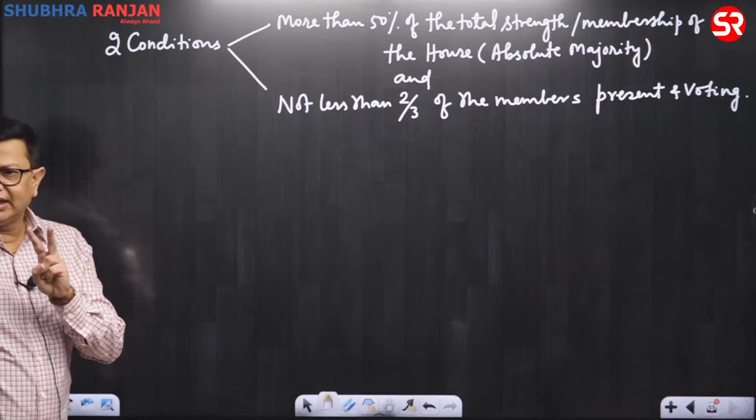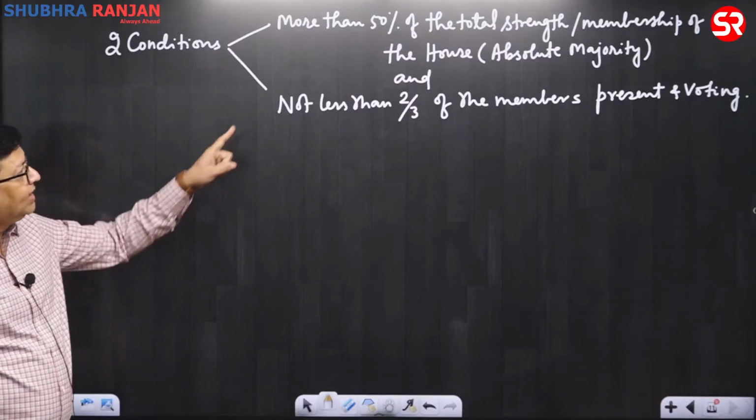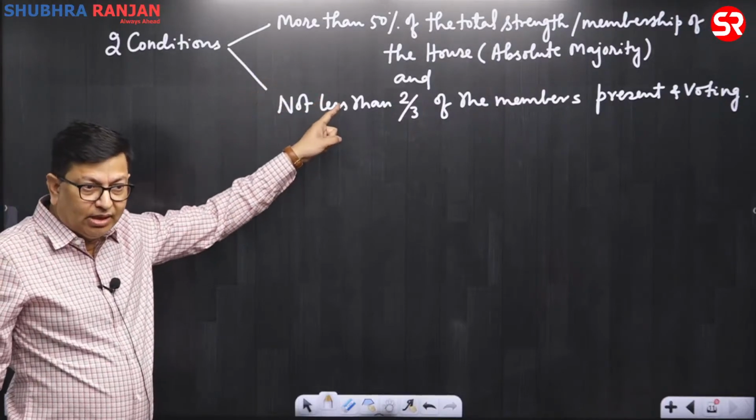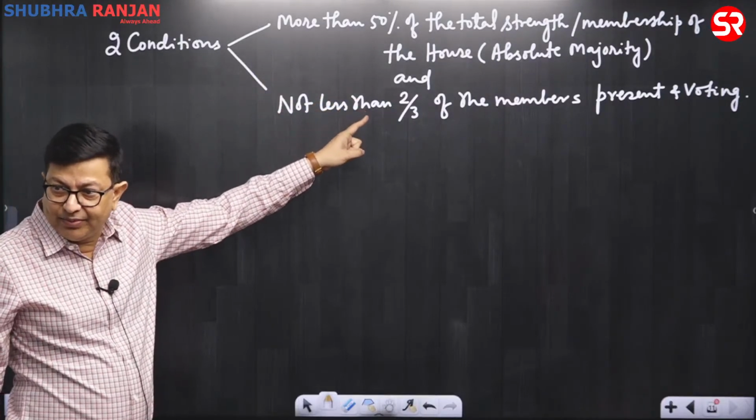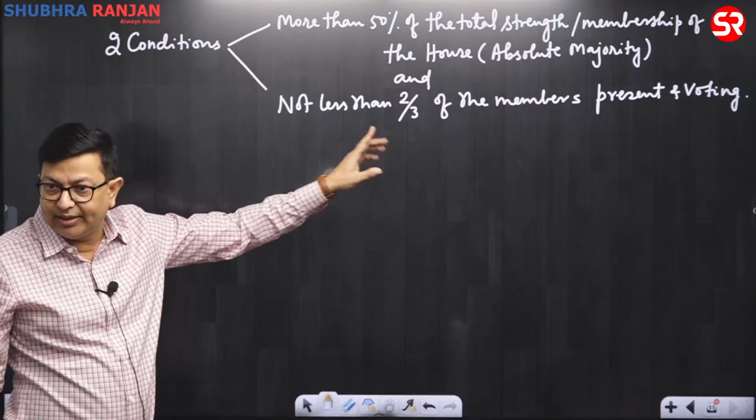So here both the conditions have to be fulfilled. It is not either or. So it is a majority of the house, that is the first one, absolute majority, and the second one is not less than 2/3 of the members present as well as voting.